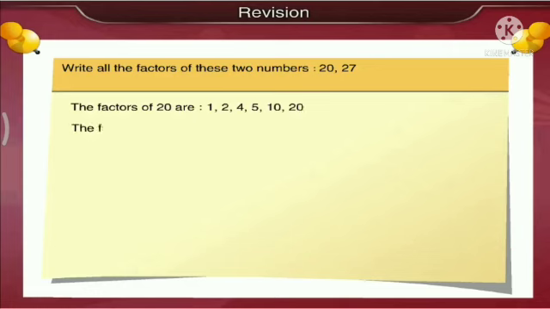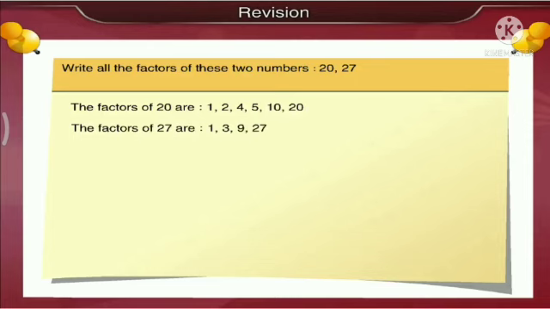Now we will write down the factors of 27. 27 is divisible by 1, 3, then 9 and 27 itself.